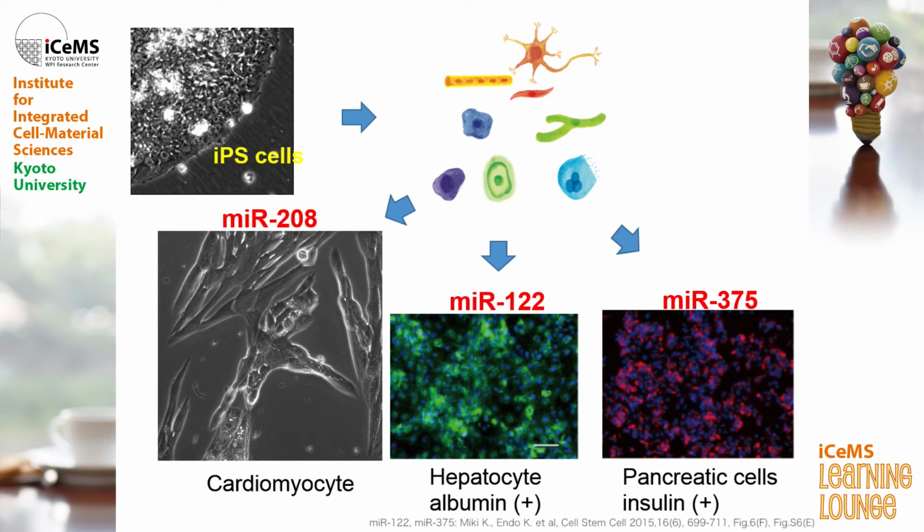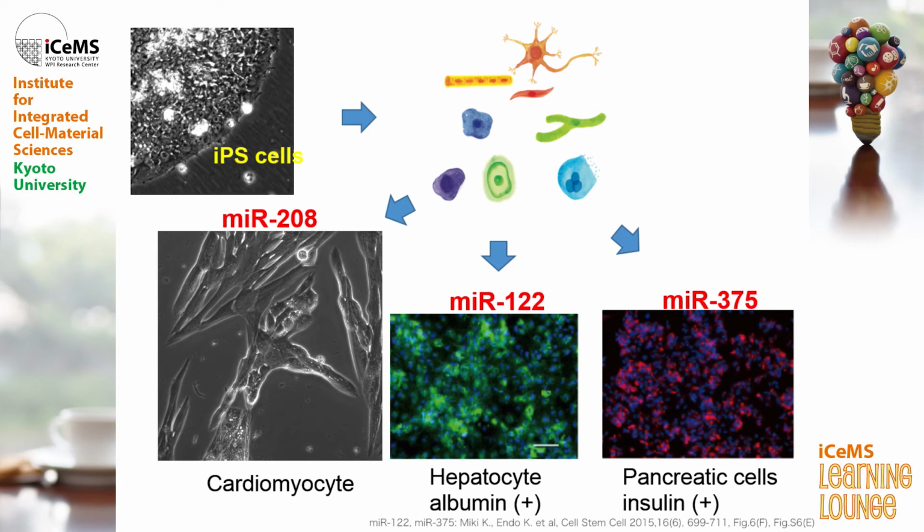We also constructed several switches which can respond to microRNA 208, microRNA 122, and microRNA 375. These microRNAs are specific molecules in cardiomyocytes, hepatocytes, and pancreatic cells. So we prepared these differentiated cells from iPS cells and tried to purify these cells by our microRNA responsive switch.